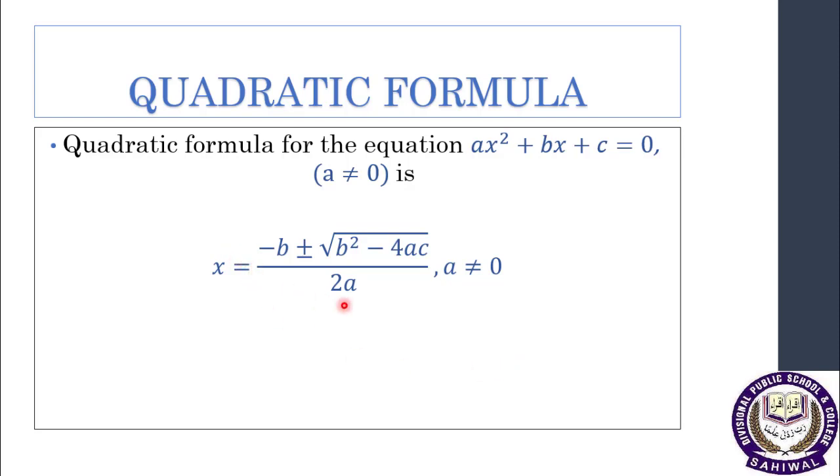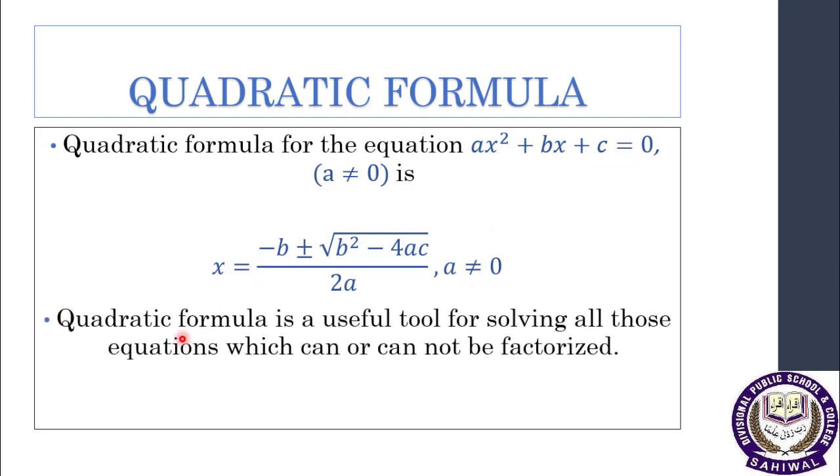This expression is also known as the roots of the quadratic equation ax square plus bx plus c equal to 0. The quadratic formula is a useful tool for solving all those equations which can or cannot be factorized. We can say that it is the ultimate method to solve the quadratic equations.